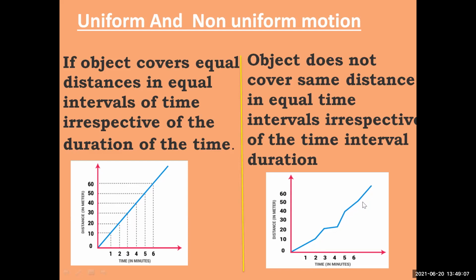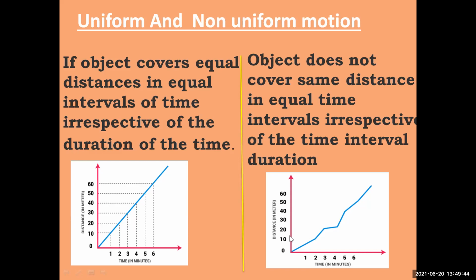So there is no equal distance. The time is the same for every minute, but the object is covering different distances. So such kind of motion is called non-uniform motion. So uniform means equal distance in equal intervals of time. Non-uniform means unequal distance in equal intervals of time.